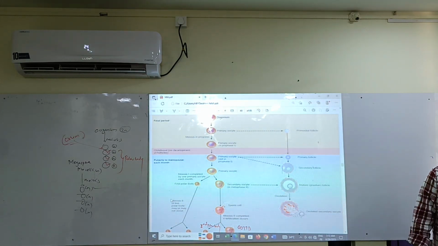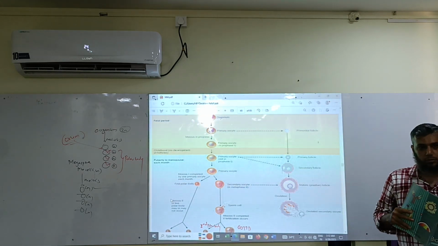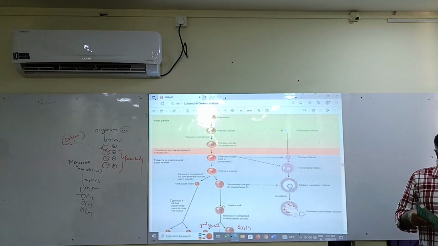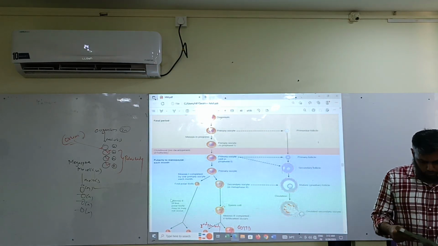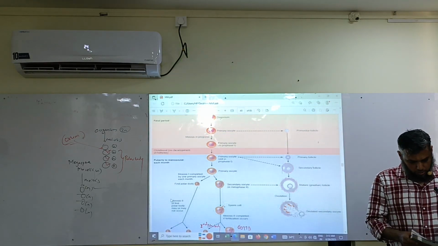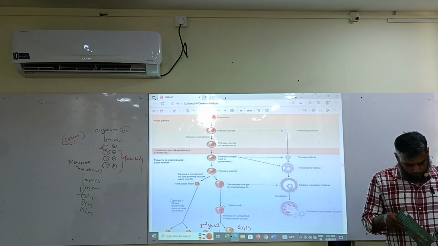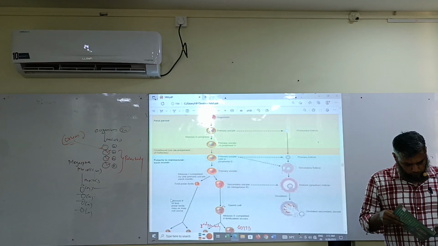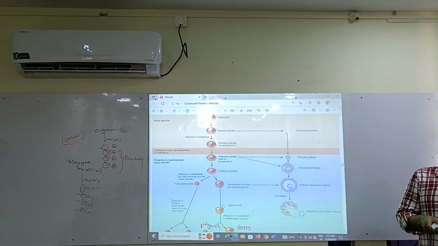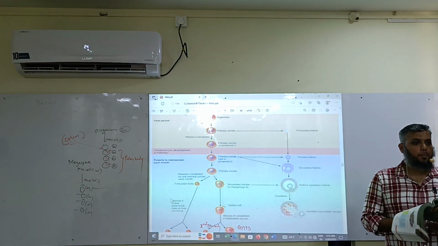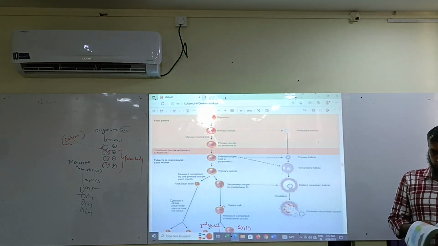Yes. Let's see the NCERT text. Okay, we'll read through now together. Are we on page number 48, everyone? Page number 48, everybody.